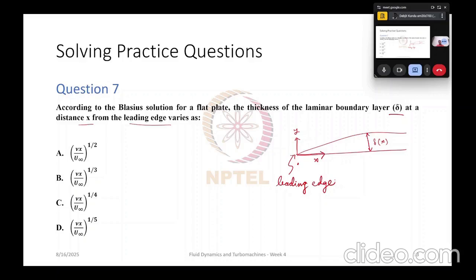streamwise direction x? Is it option A, nu x over u infinity power half? Here, once again, nu is the kinematic viscosity and u infinity is the uniform free stream velocity that comes and hits this flat plate.